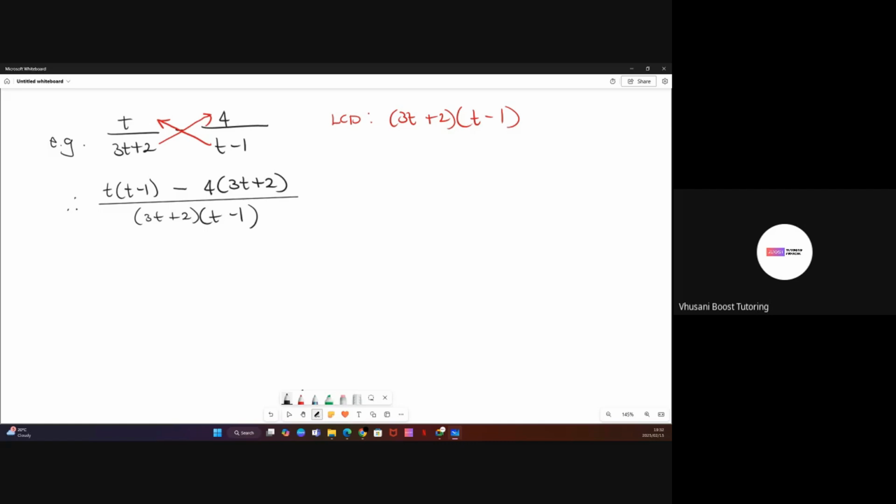So are you guys okay with this? All you have to do from this point onwards, you just have to simplify. It's easy, right? Pretty simple. Okay, perfect. It's pretty simple, guys. Pretty basic, straightforward, right?